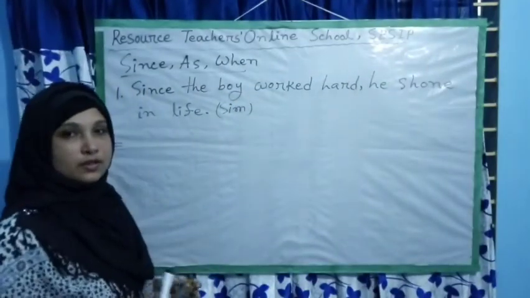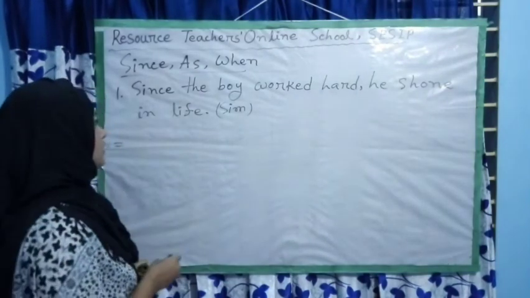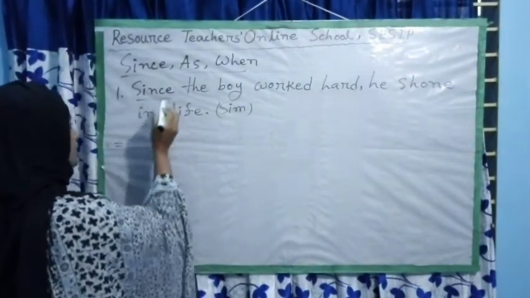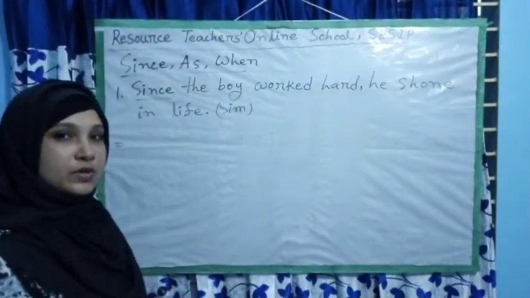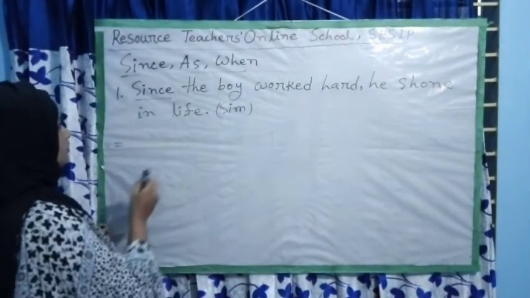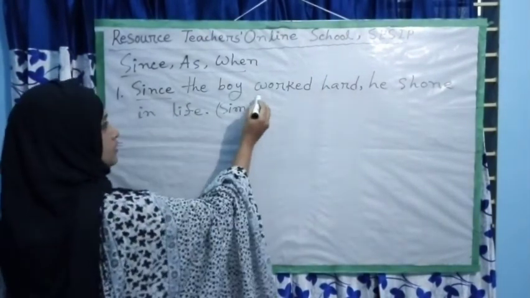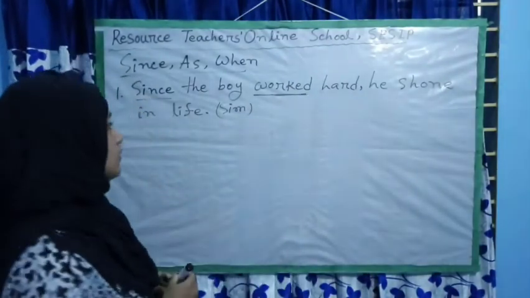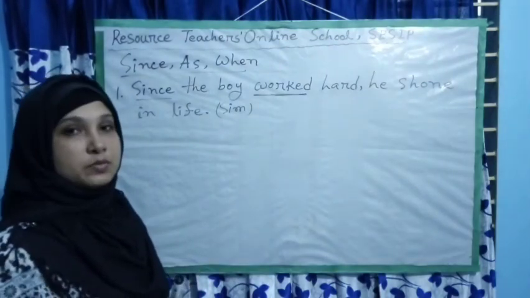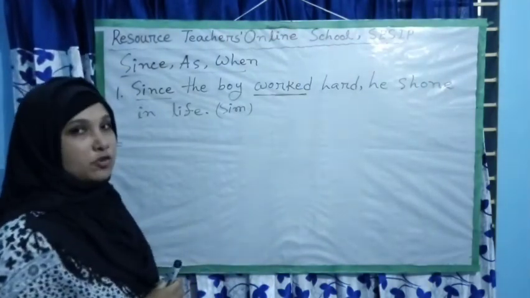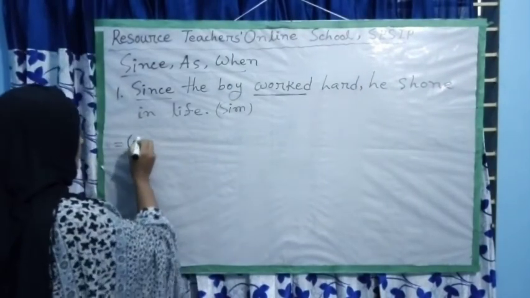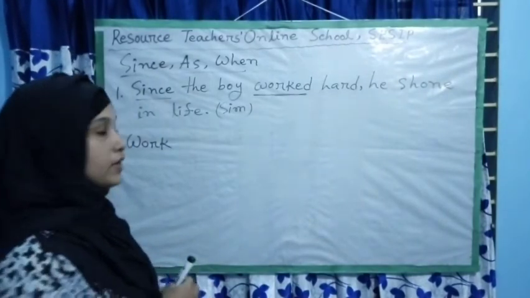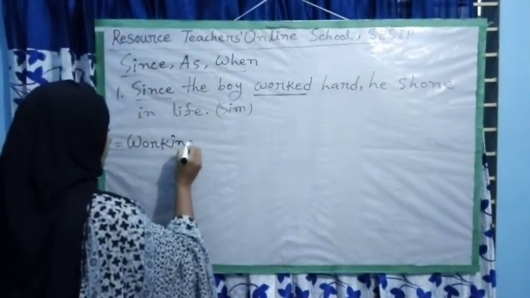As, when, since: when there is since, as, or when, then we will change it in this way. Instead of since, as, when, no need to write any word. So without since, we have to write. See this verb worked. Now we have to write the present form of worked. That means work, W-O-R-K. The present form, and now we will add ing, working.